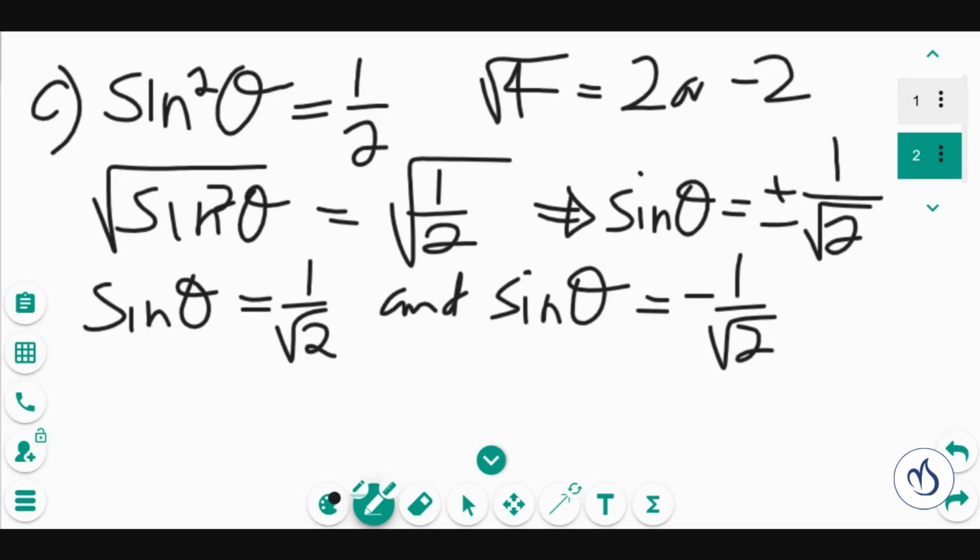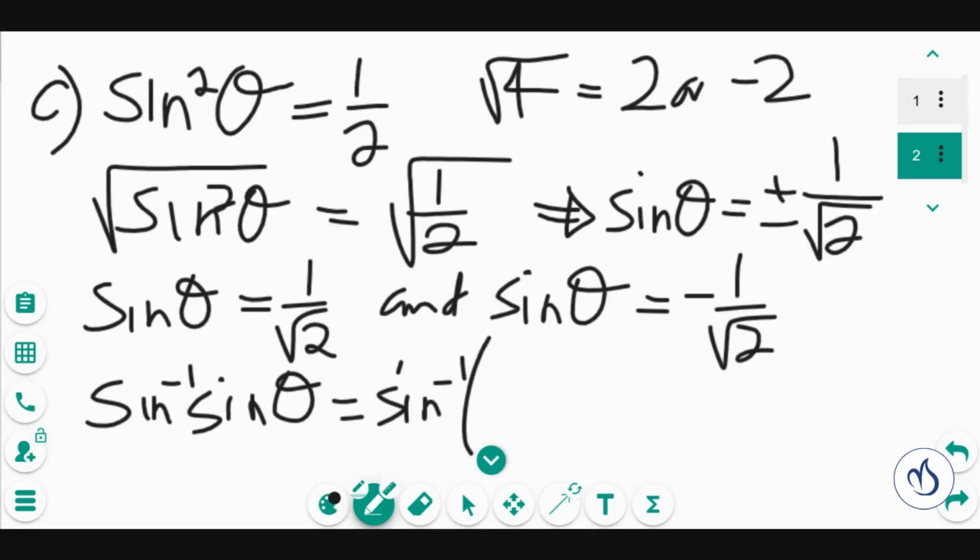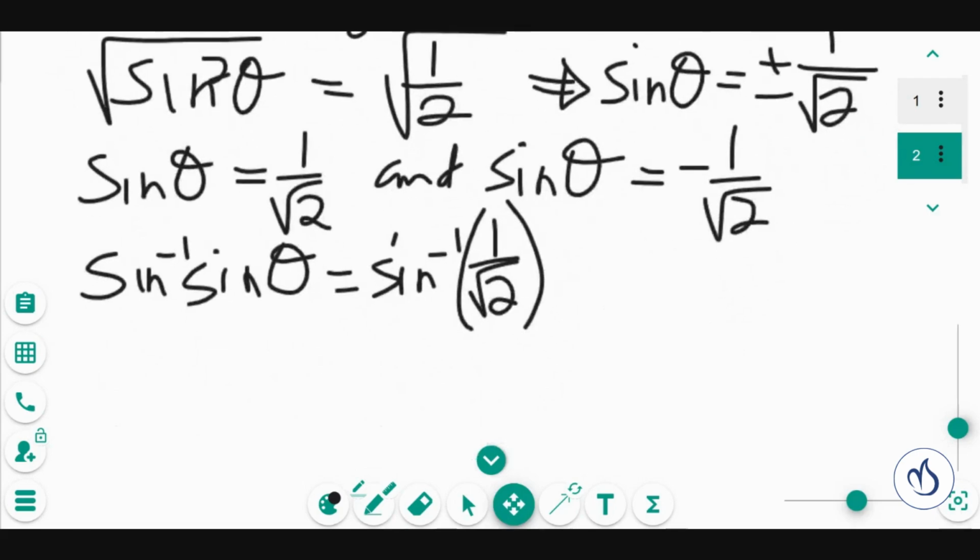Okay, so at this point I am ready to take the sine inverse on both sides. I am taking the sine inverse of sine theta, the same as taking the sine inverse of 1 over root 2. It looks like I'm dealing with a positive one.